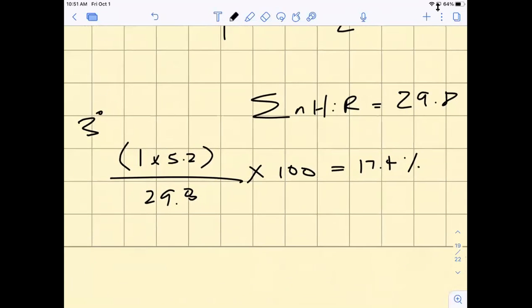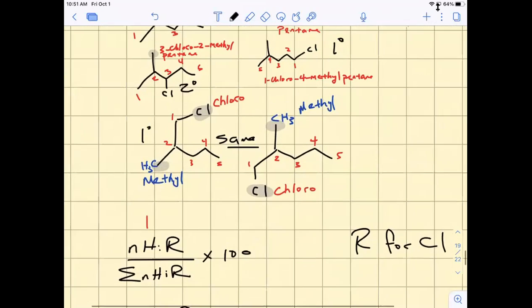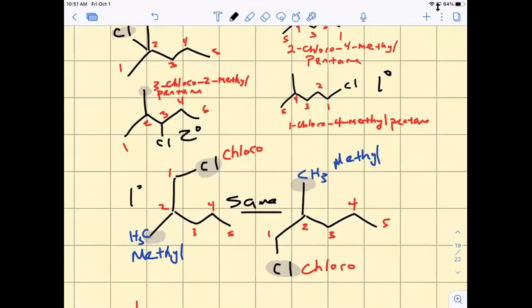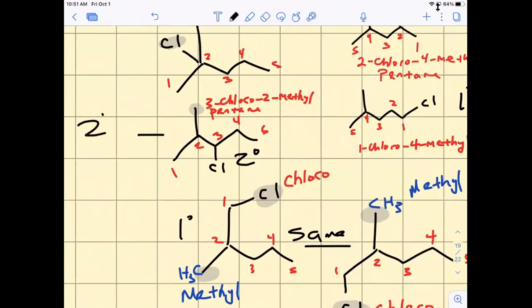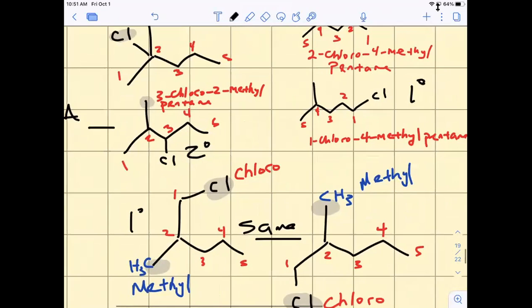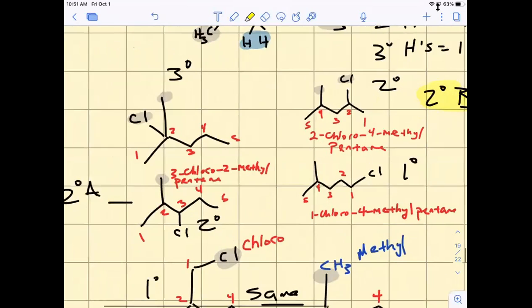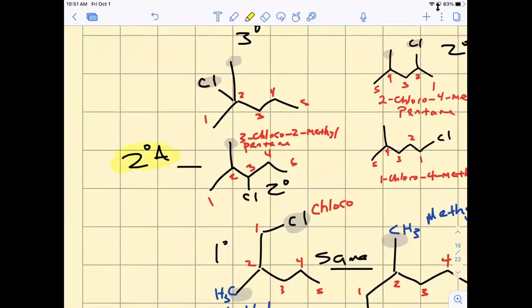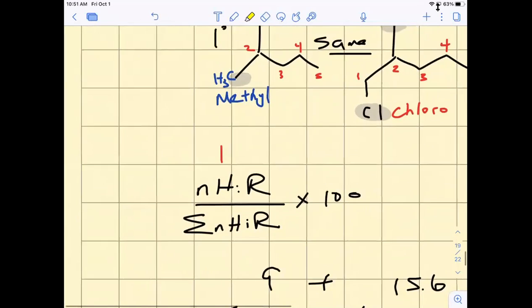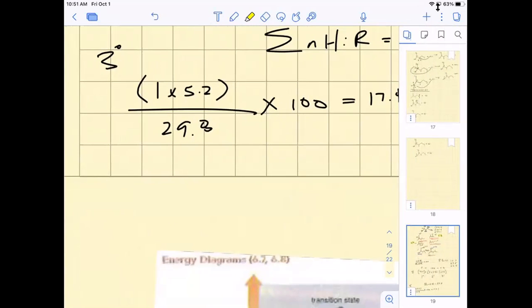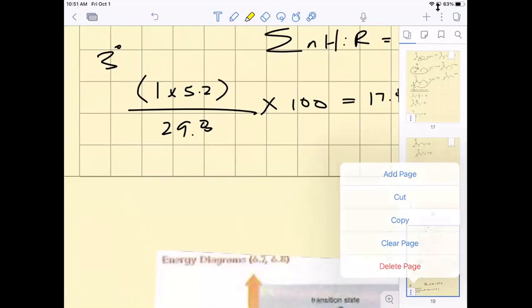All right, let's do the secondary, but let's do them separately. For this one, we'll call it secondary A, and for this one, we'll call it secondary B. So let's do secondary A. At that site, the N is going to be 2.